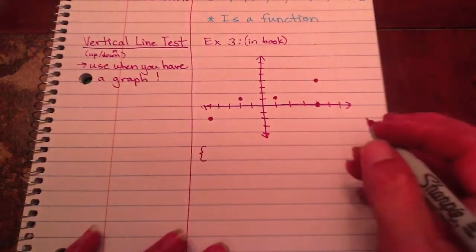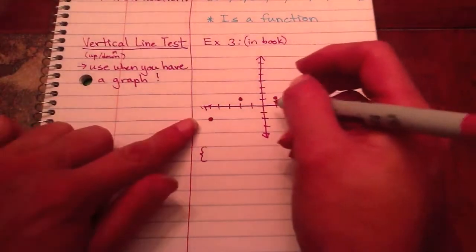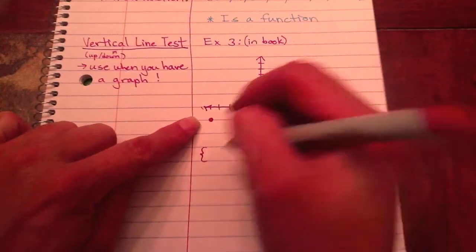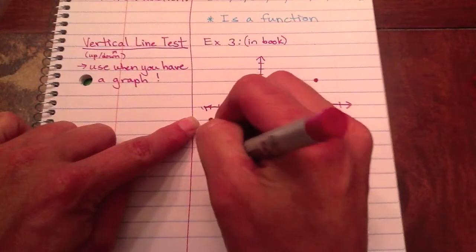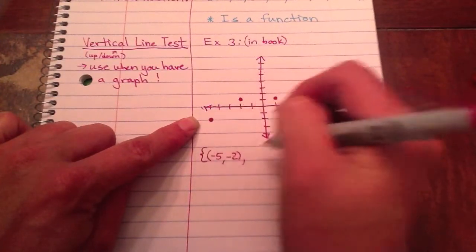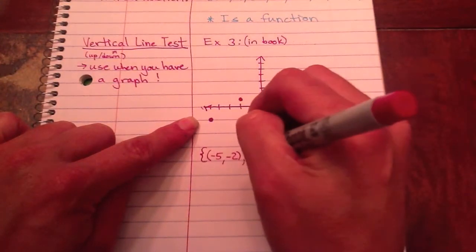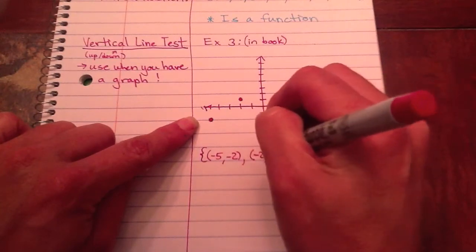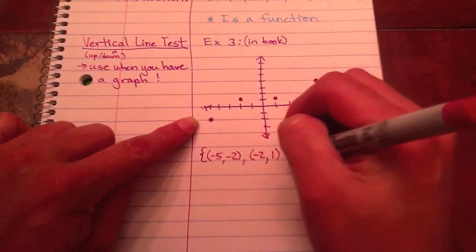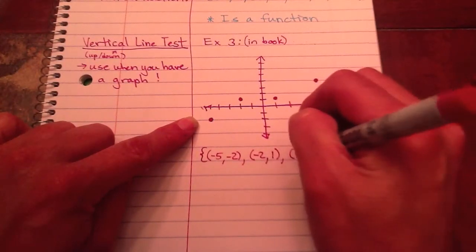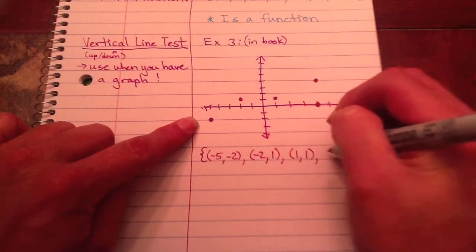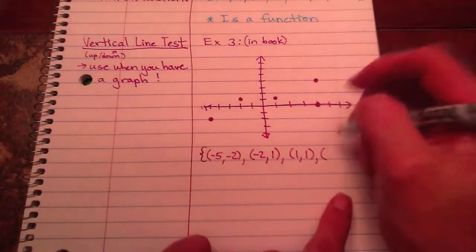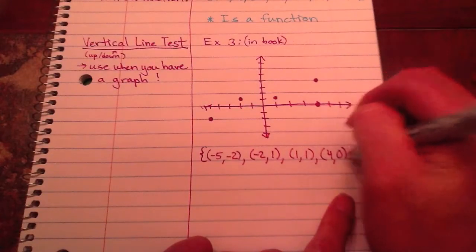in braces. So we have the point -5, -2. We have the point -2, 1. We have the point 1, 1. We have the point 4, 0.